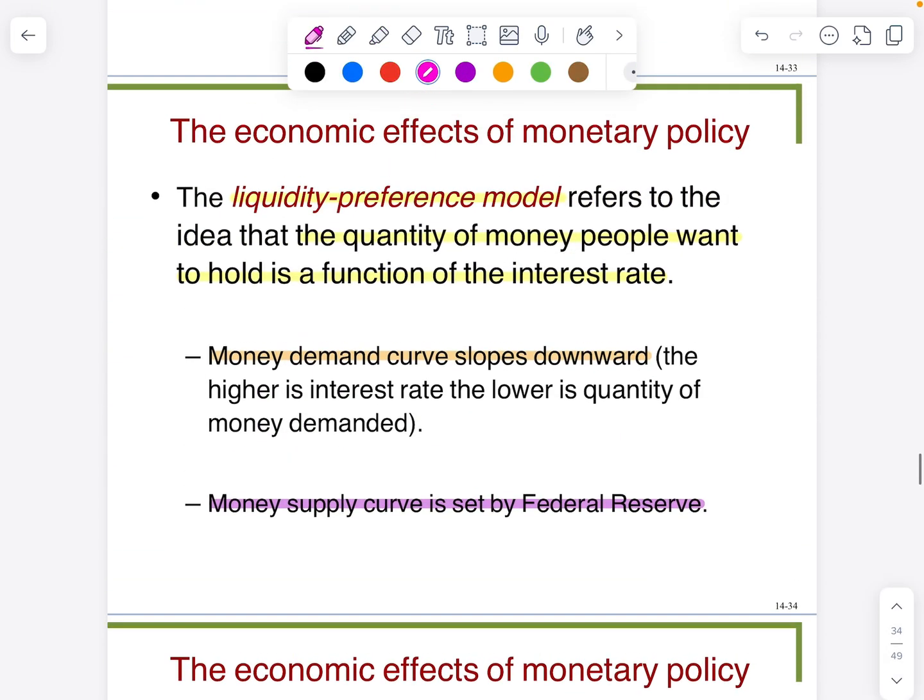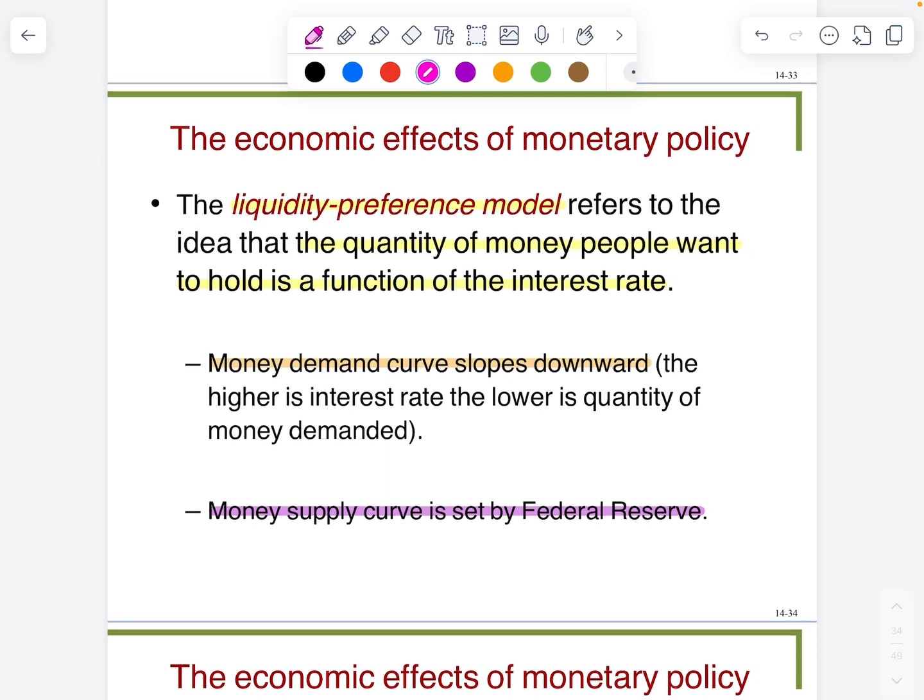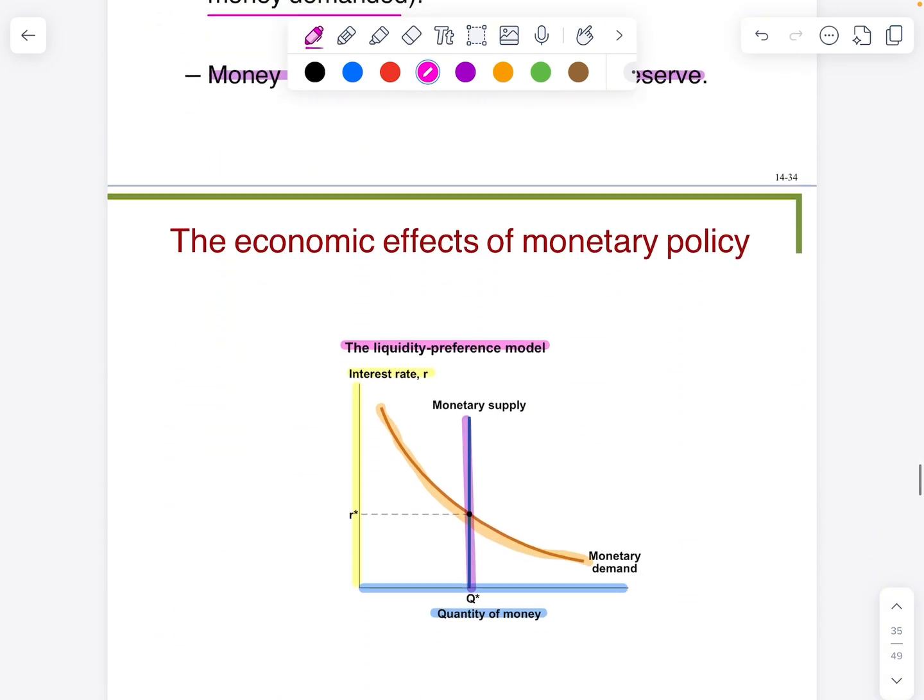So just a second ago, we were talking about how this operates as a function. For example, the higher the interest rate is, the lower the quantity of money demanded. You can see that pretty clearly on the graph. When the interest rate is high, let's say it's right here on that mark, that's going to align with right here on the graph. And then the quantity of money held is going to be down here.